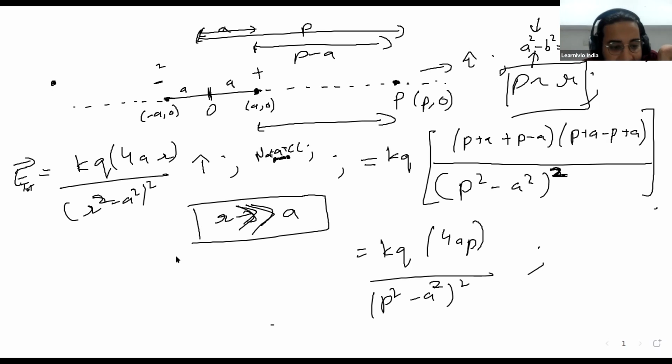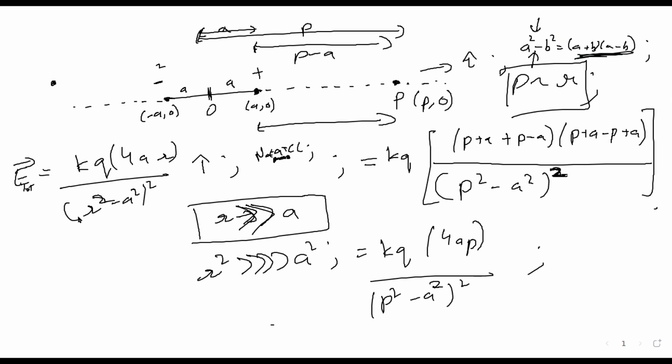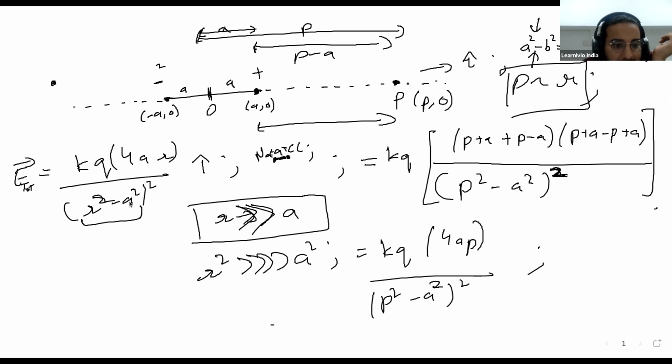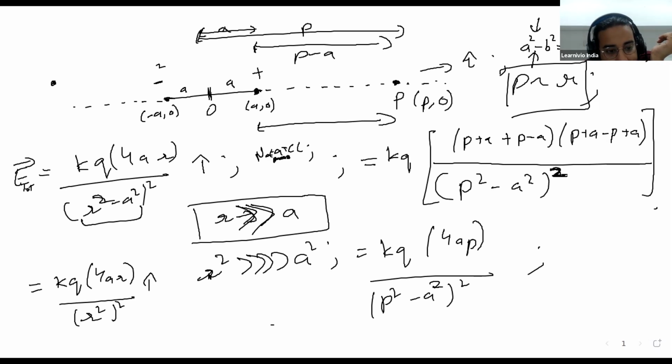Well, if r is much greater than a, then r² is much greater than a², right? Correct? Yes, sir. Lovely. So in the denominator, you can just ignore the a². So I'm essentially writing this as 4ar over (r²) whole squared, I cap.